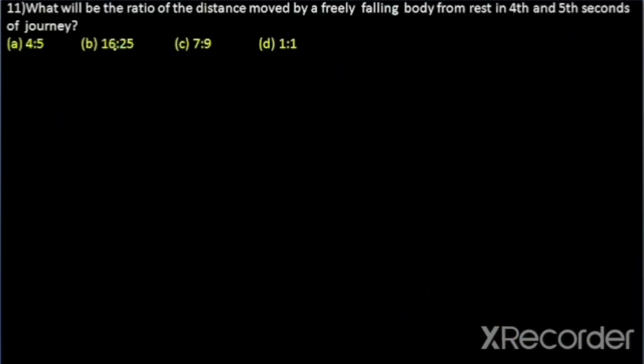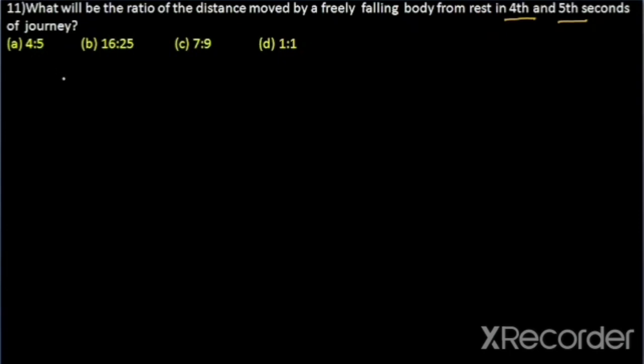Next, question number 11. What will be the ratio of the distance moved by a freely falling body from rest in the 4th and 5th seconds of its journey? So 4th and 5th seconds of journey.